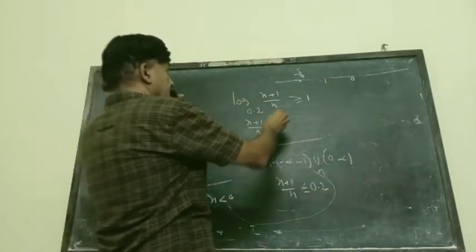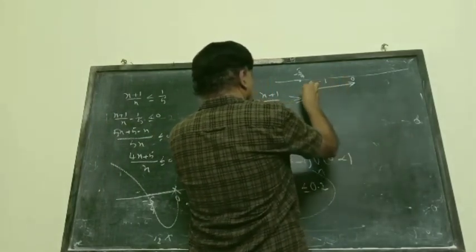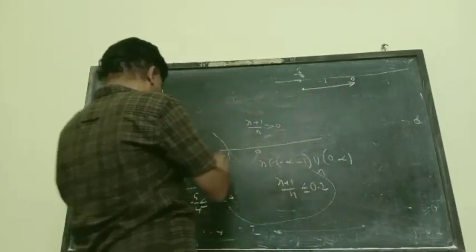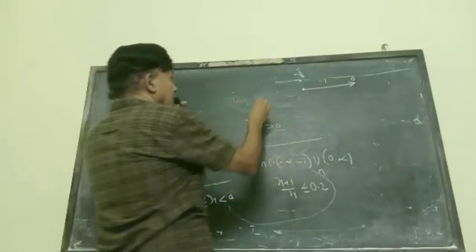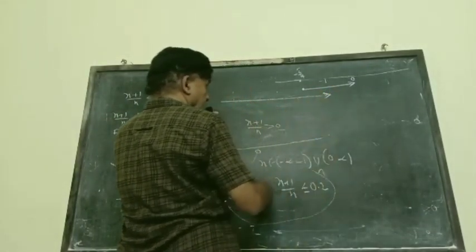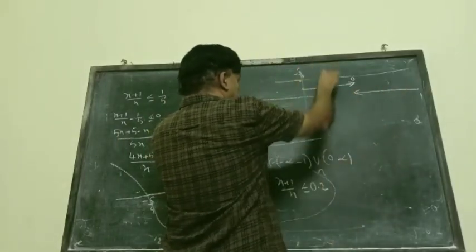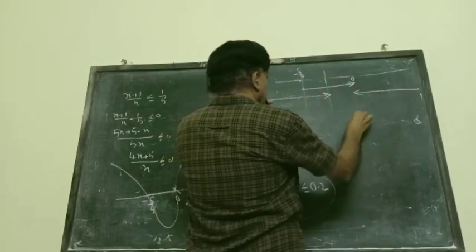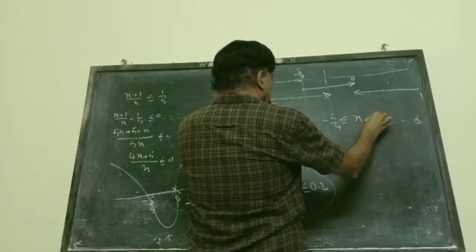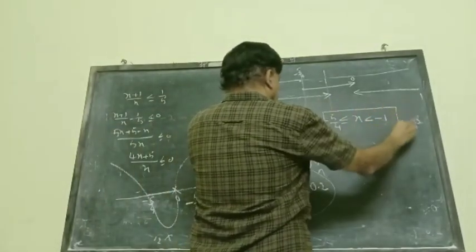So this is minus 5 by 4 to 0. What about this? Minus infinity to minus 1, and 0 to infinity. What is common part? This. So x value to lie from minus 5 by 4 to minus 1. So this is your final solution.